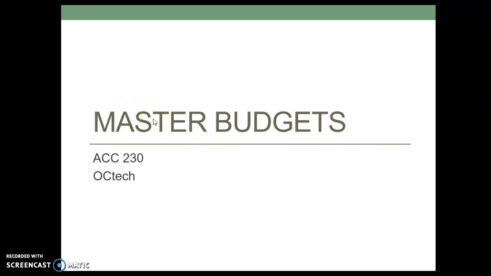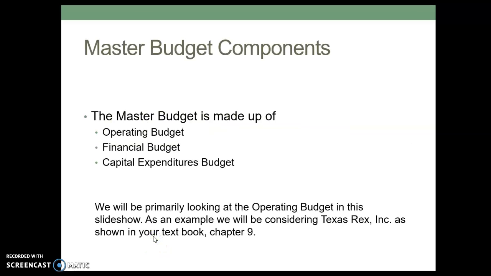Here we're going to take a look at preparing a master budget. This assumes that you've already gone through the PowerPoint that went through the introduction to budgets. In that we learned that the master budget has an operating budget and a financial budget and a capital expenditures budget.